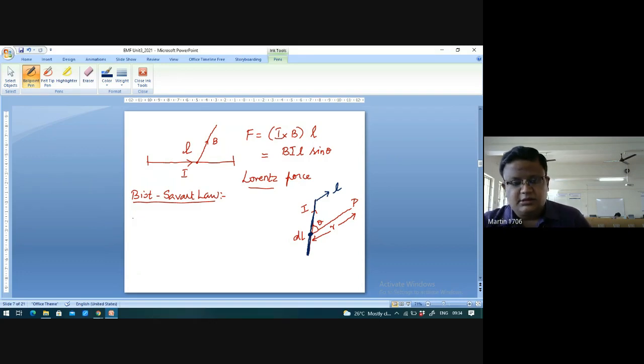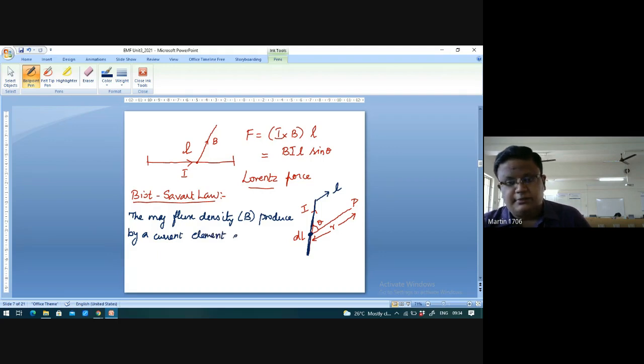So it will be the magnetic flux density. Magnetic flux density, you should remember the denotation, is nothing but capital B, produced by the current element at any point in a magnetic field.